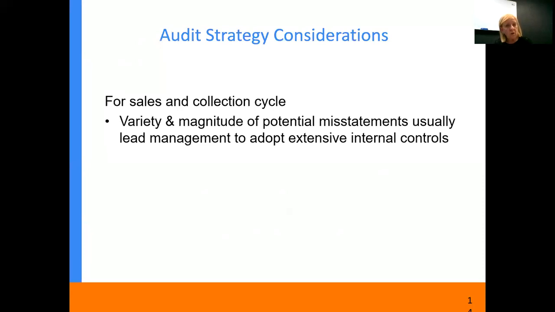Then we've normally got quite a few internal controls around the collection of cash, the recording of sales and the adjustments to accounts. So when I go into the sales and collection cycle, I'm expecting to see lots of internal controls. Whether they're good internal controls, whether they're implemented properly, I don't know yet, but I would be expecting to see internal controls.